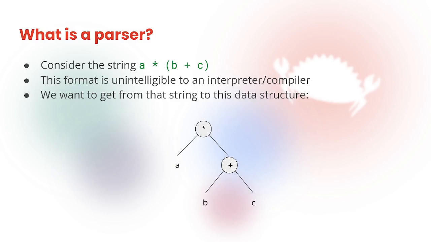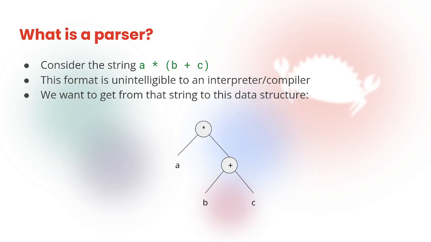That's why smart interpreters like Python will want to transform the string to a data structure that looks like this, so that it can actually do the computation. First of all, the A times is done last, and the addition operation is done first.